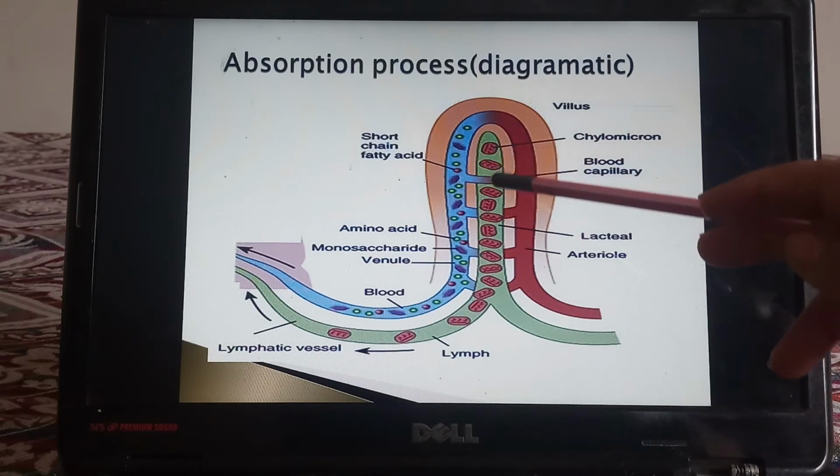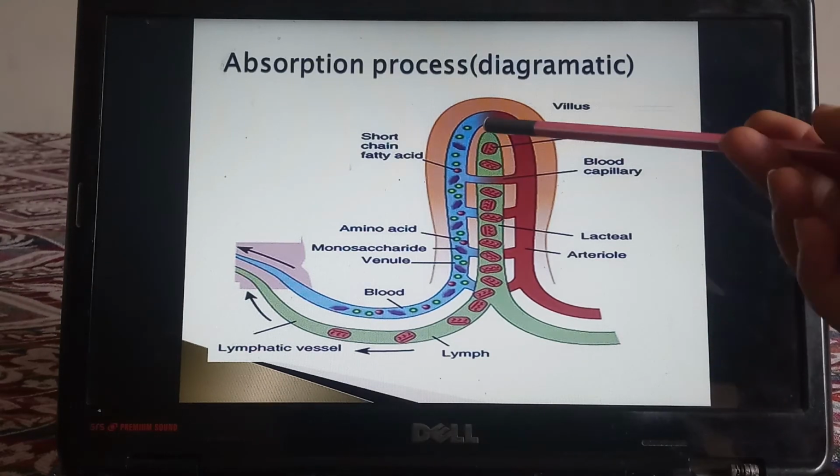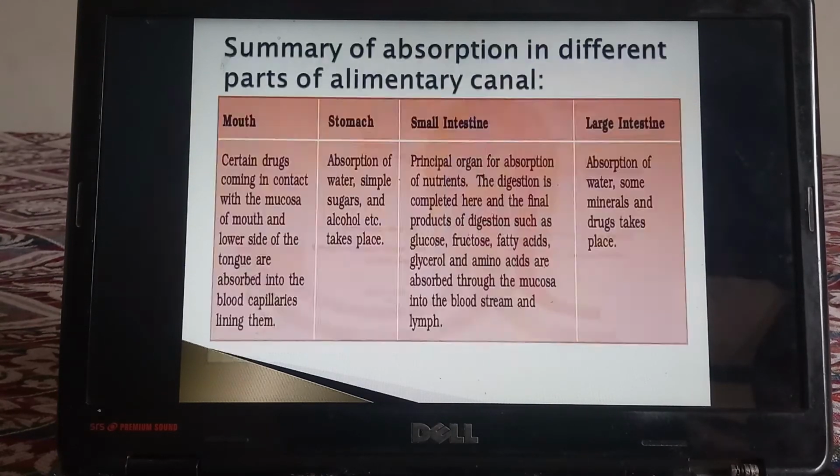And inside this lacteal you can see the chylomicrons, that means the small micelles of the fats surrounded by the protein coat, have entered the lymph vessel, and finally they are distributed to the different parts of the body.